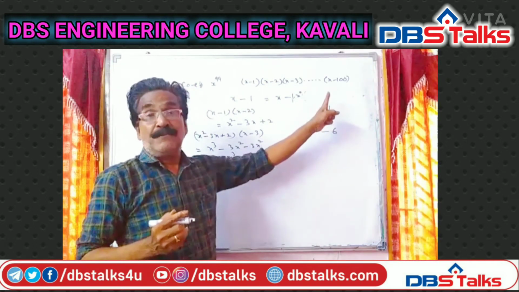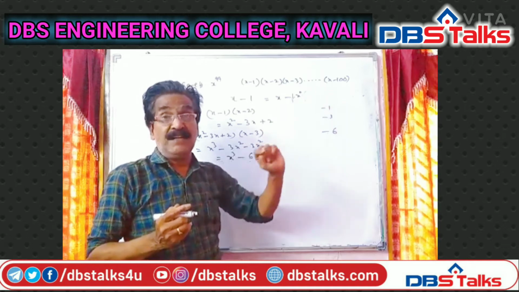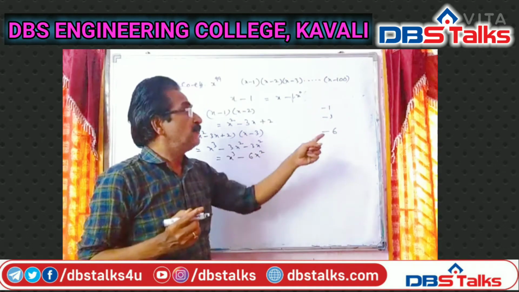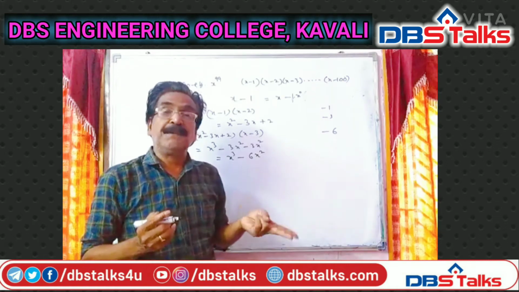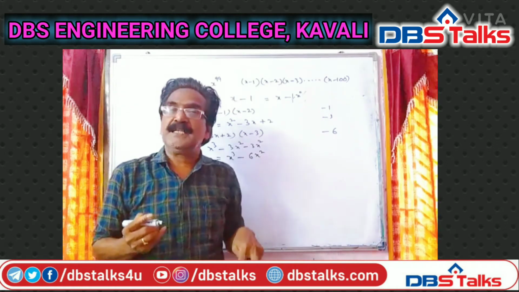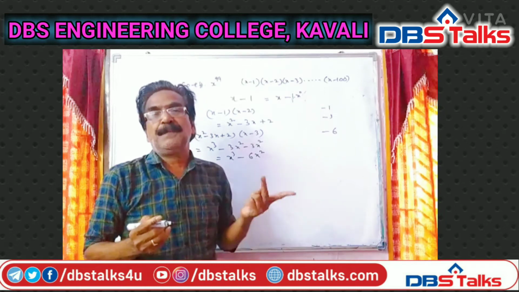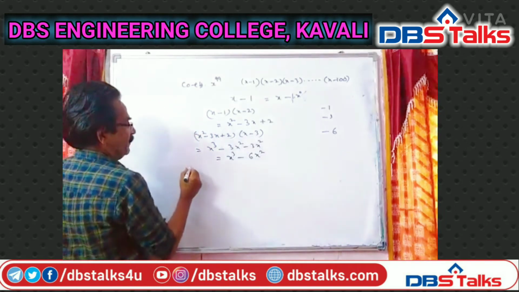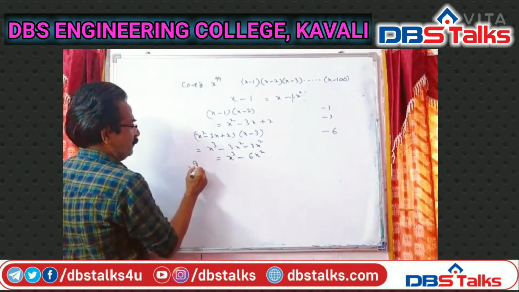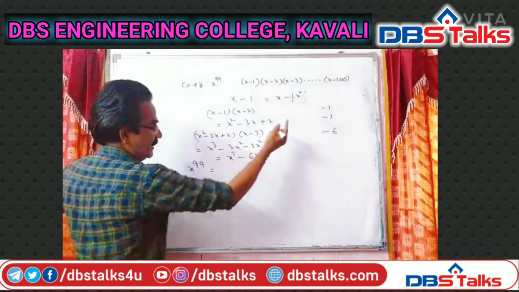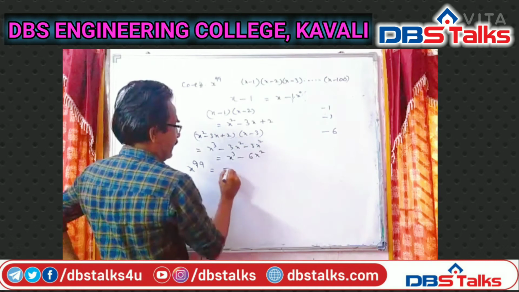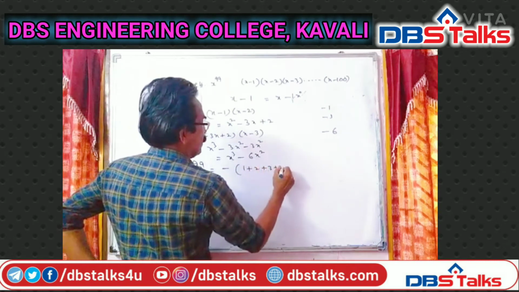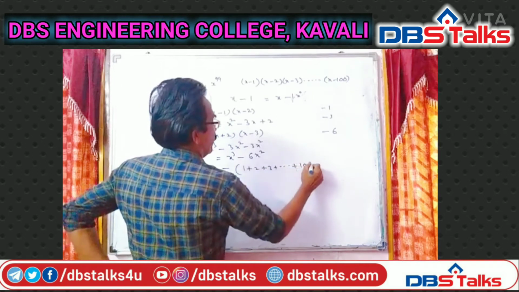If you take one term, the coefficient is 1. If you take two terms, the coefficient is 1 plus 2. If you take three terms, the coefficient is 1 plus 2 plus 3. If you take 100 terms, the coefficient is 1 plus 2 plus 3 and so on up to 100. So, the coefficient of x power 99 is, the sign is minus, friends, minus of 1 plus 2 plus 3 and so on up to 100.